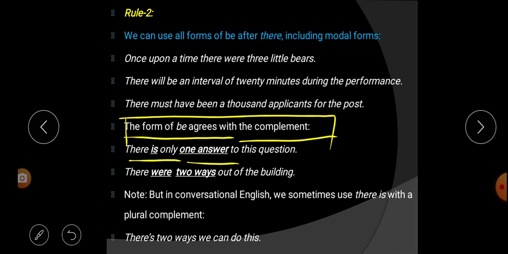So it says that what is our rule? The form of be agrees with the complement. What is the form of be over here? Is is the form of be. And what is the complement? One answer. That means the form of be agrees with one answer.